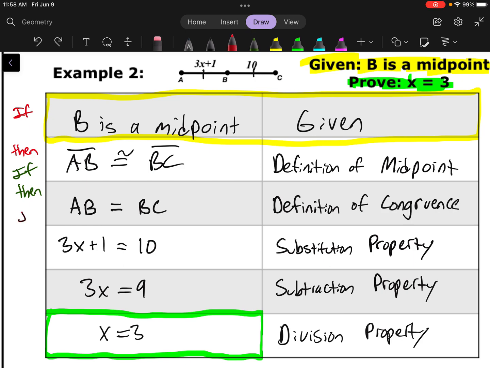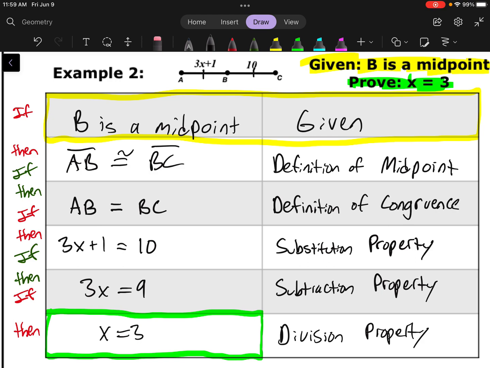And if those lengths are the same, then 3x plus 1 must be equal to 10 by substitution. And if 3x plus 1 is equal to 10, then 3x is equal to 9 by subtraction property. And if 3x is equal to 9, then x is equal to 3 by the division property. So we can kind of imagine those conditional statements being strung along.